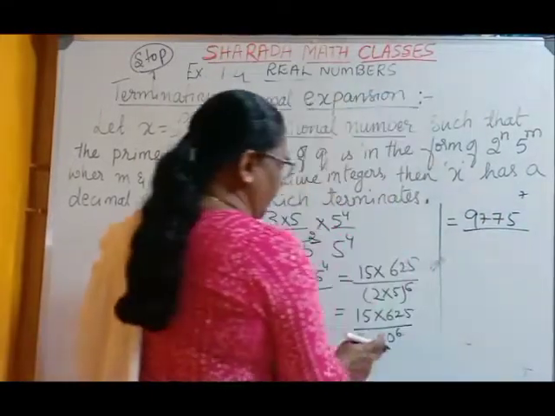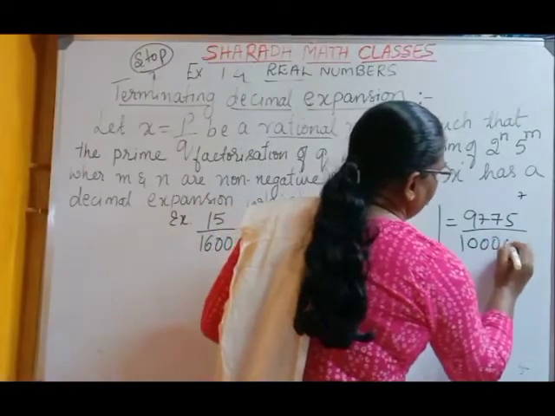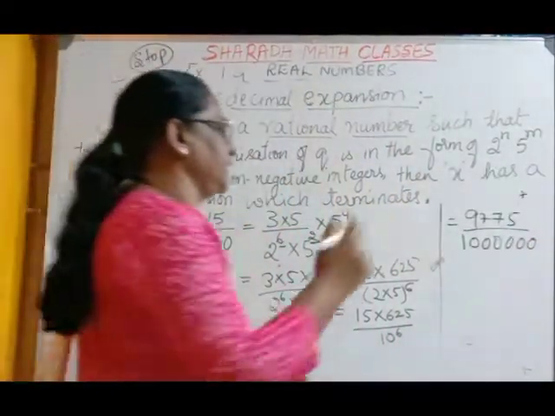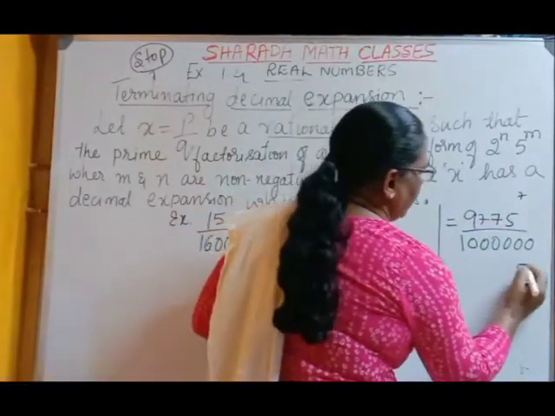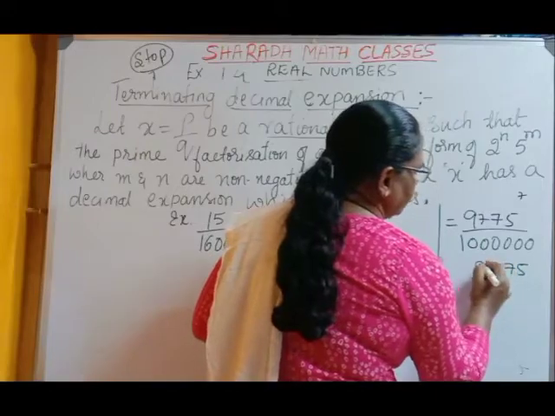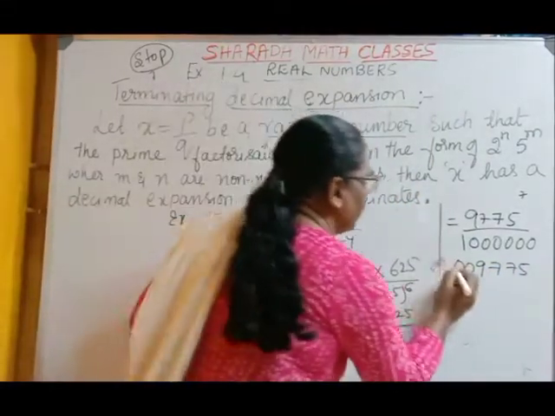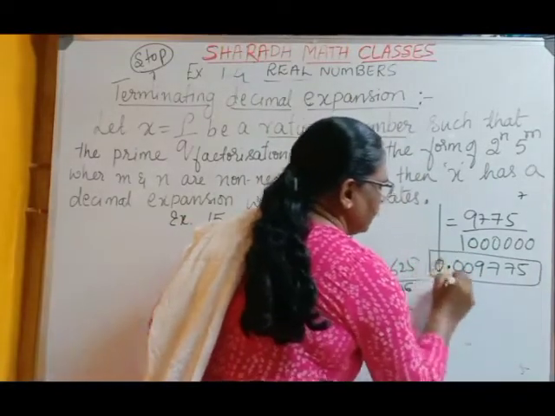So it is 9375 divided by 10 to the power of 6, which is 1 followed by 6 zeros. Now you have to make it 6 digits after the decimal point. 4 digits are already given here, so add 2 more zeros, which makes 6 digits. Now you keep the decimal point here. So this is your final answer.